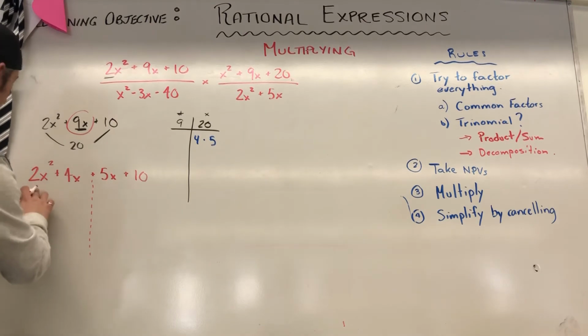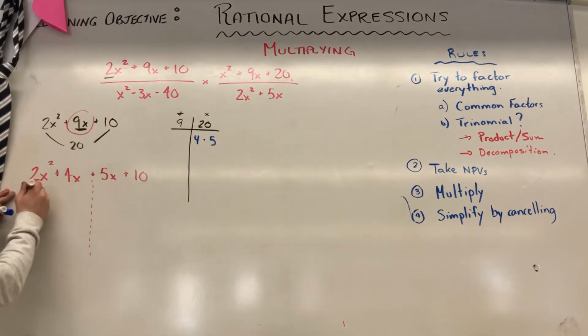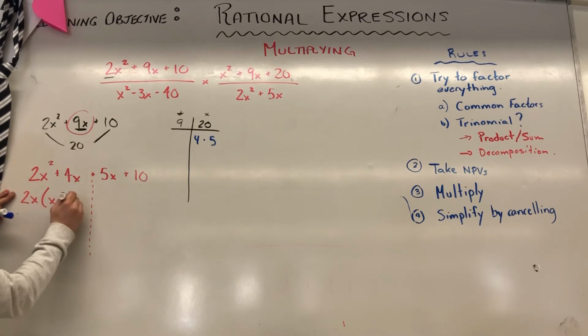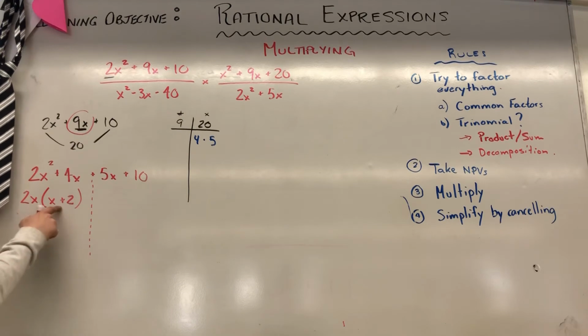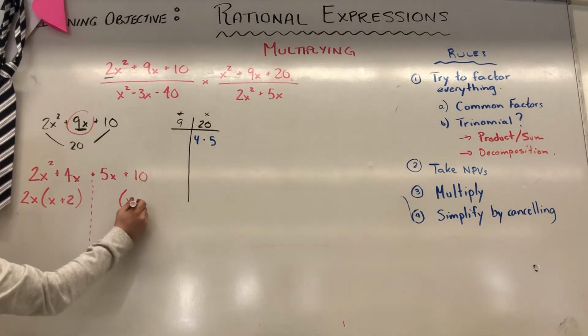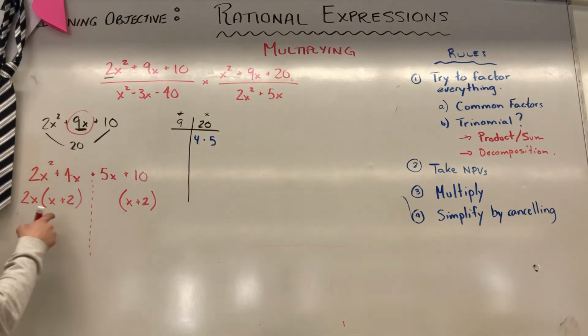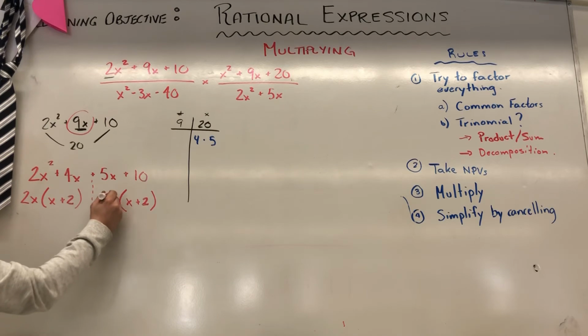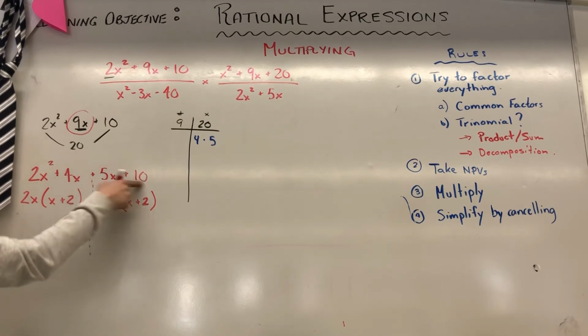Now I'm going to factor this part using common factor first, and I can pull out a 2x. 2x times x plus 2 will make 2x squared plus 4x. And then whatever I came up with over here in the bracket, I'm going to put in the bracket on this side. And I'm going to find that I have to multiply x plus 2 by positive 5 to get back to here.